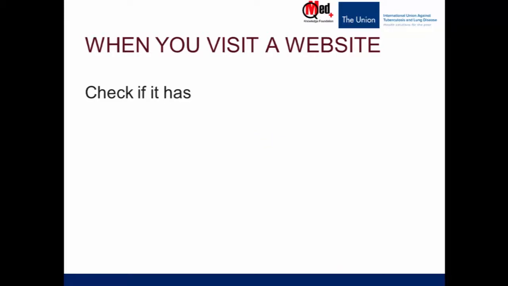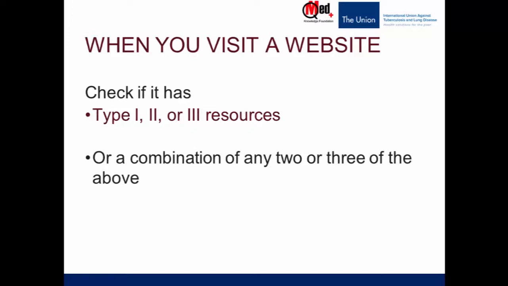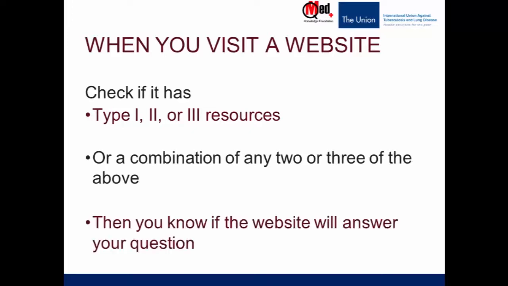As I said, when you visit a website, please check if it has type 1, type 2, or type 3 resources. It could have a combination of any two or all three of the above. Once we know that, then we know if the website will answer our question, whether it is a basic question or a research question or a decision making question.